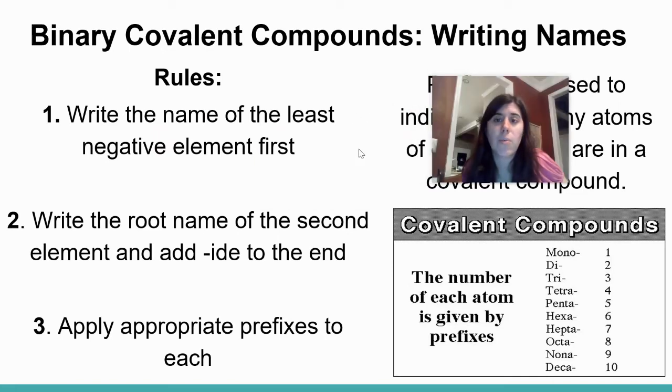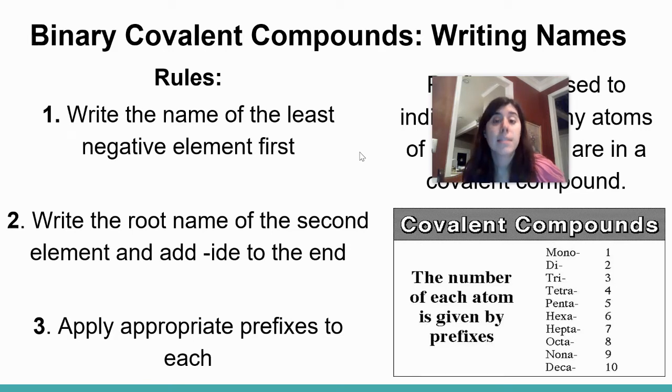So let's take a look at writing our names first. Just like ionic, I have to give you a formula, and whatever I put first, that's what you're naming first. If you want to get technical, it is going to be the least negative element first. In ionic, it's always the positive first. Covalent elements are both negative, so you're just going to name the least negative. But whatever I give you first, name that one first.